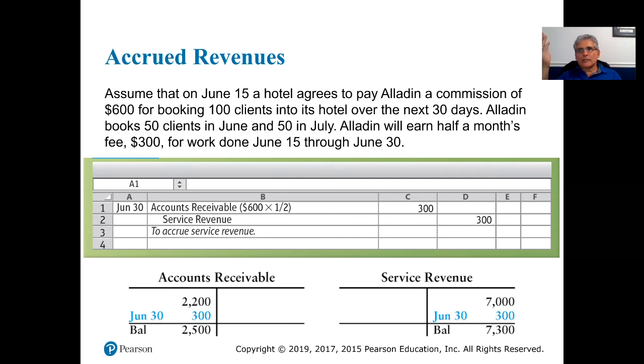Well, if we booked it, then we better record that in our system. So on June 30th, we're going to recognize a receivable that's $600 times one half, that's half of the $600. We're going to debit accounts receivable for $300, and we're going to credit service revenue for $300.